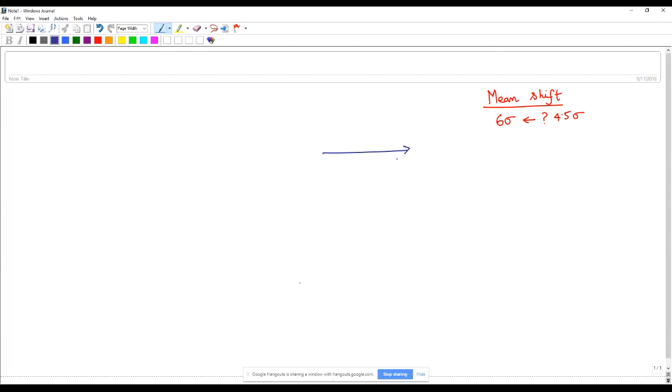Let's say that you have a washer diameter and you are trying to plot the frequency. As usual, let's say that what I'm interested in is about 5 mm.